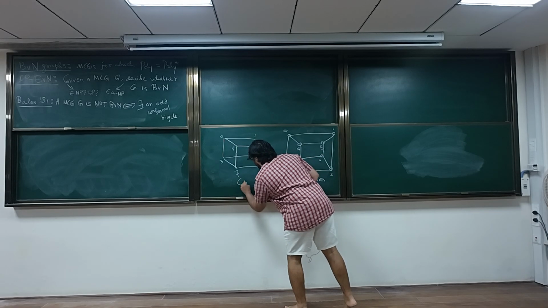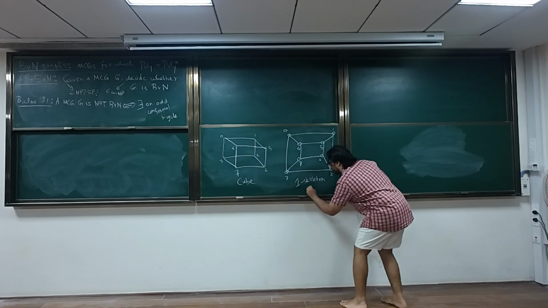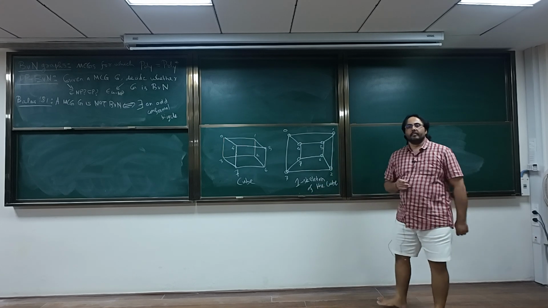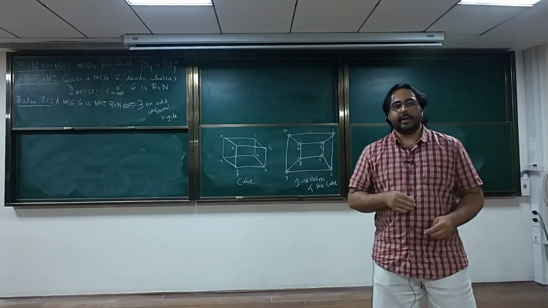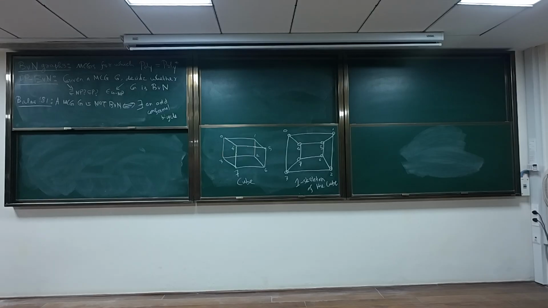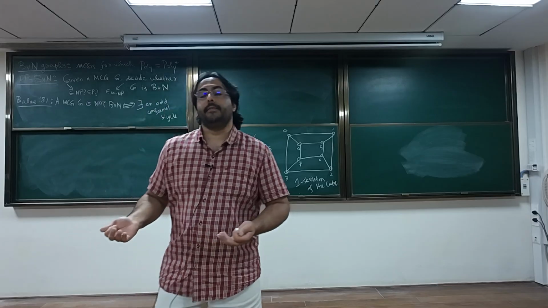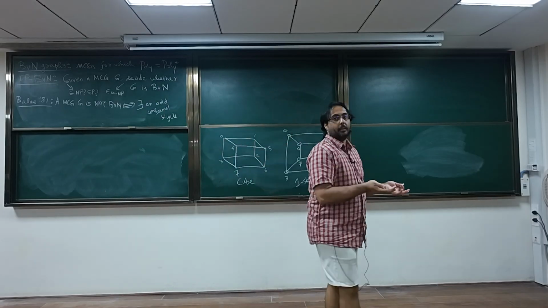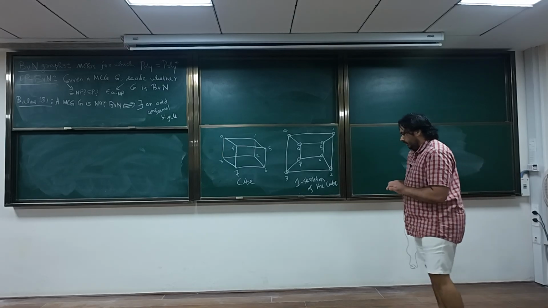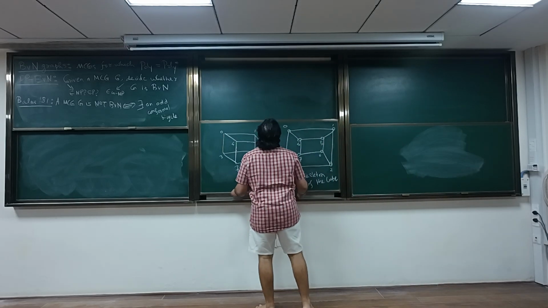So if this is my cube, this is the one skeleton of the cube. For any polytope, you can construct its one skeleton. That's a graph. And now you can ask questions about this graph. In particular, I can take the perfect matching polytope of a matching covered graph, and ask questions about this polytope. Fine.